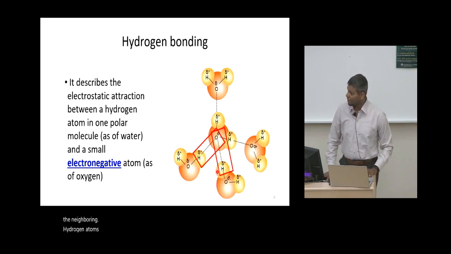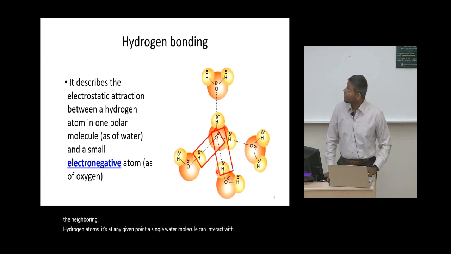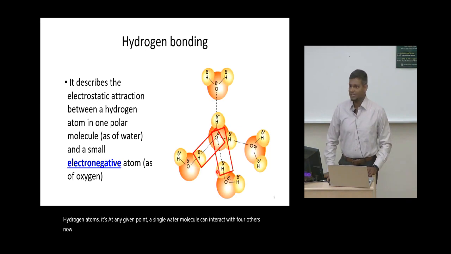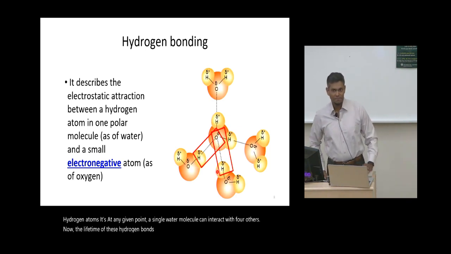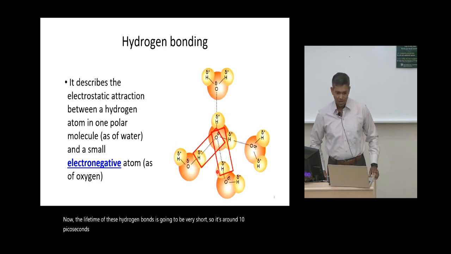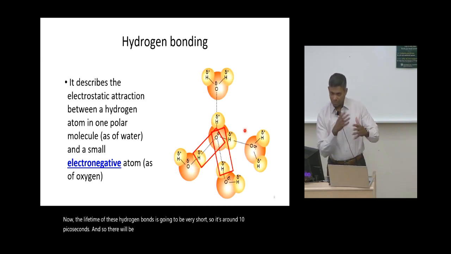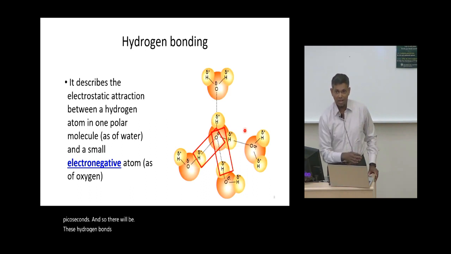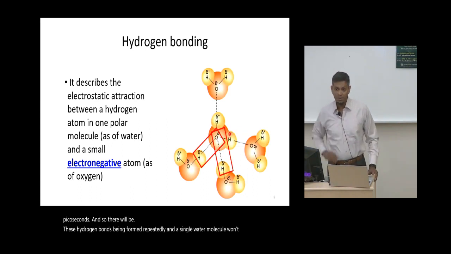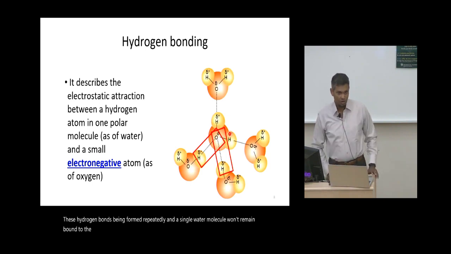So at any given point, a single water molecule can interact with 4 others. Now, the lifetime of these hydrogen bonds is going to be very short, around 10 picoseconds, and so these hydrogen bonds will be formed repeatedly, and a single water molecule won't remain bound to the neighboring 4, but the pairs will keep changing.